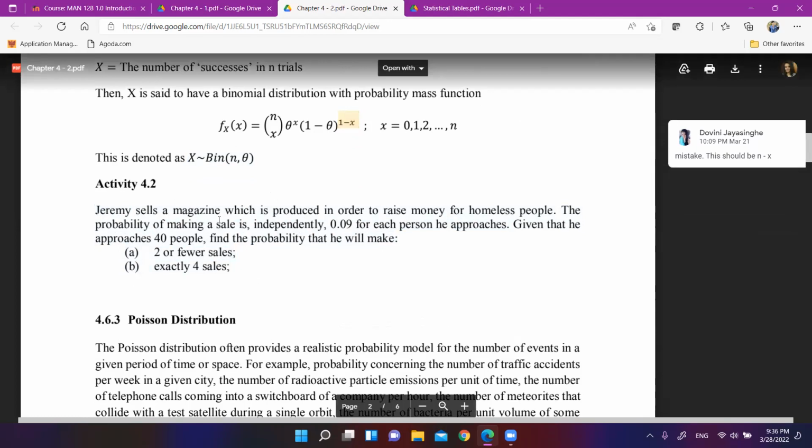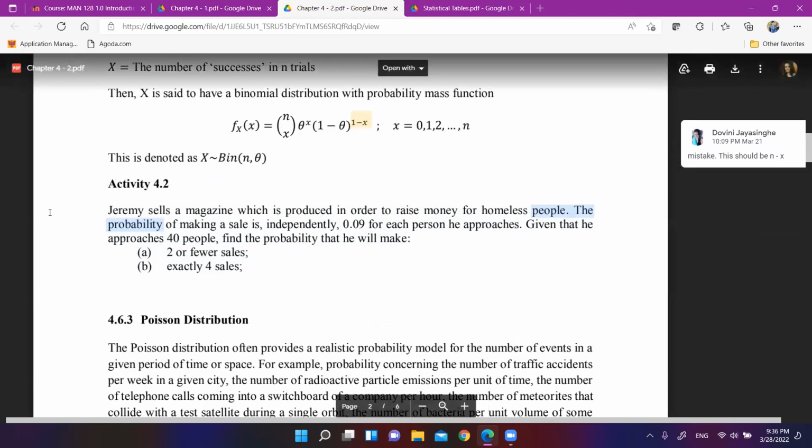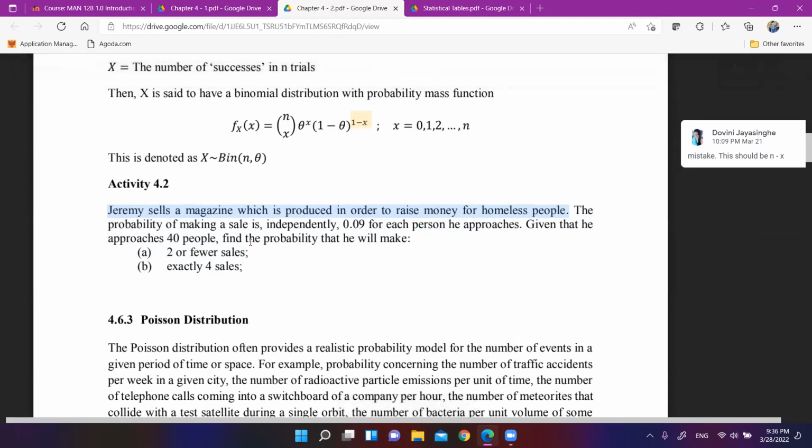Jeremy sells a magazine which is produced in order to raise money for homeless people, to make a fund. Right? Jeremy sells magazines. The probability of making a sale, independently, is 9% for each person he approaches.